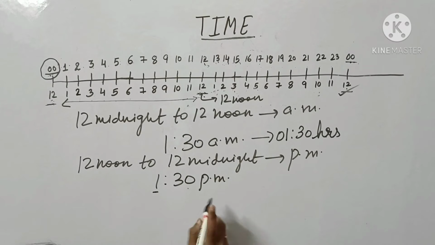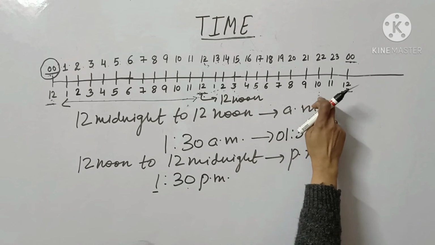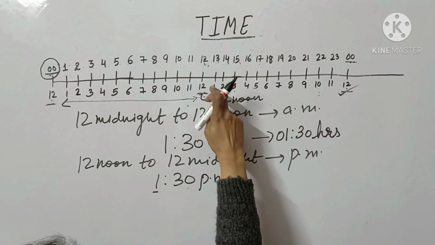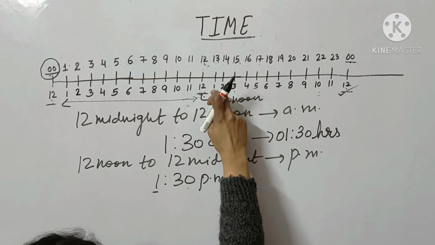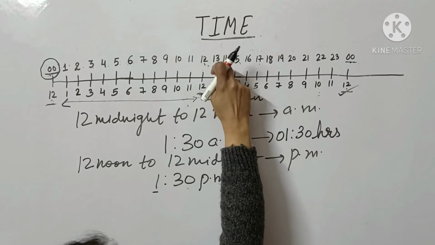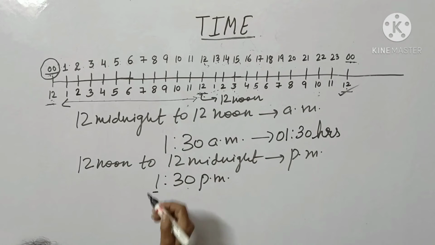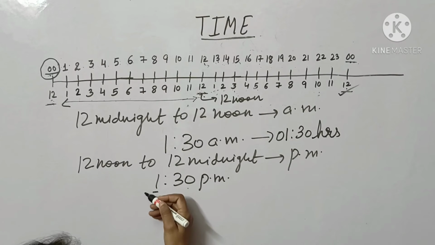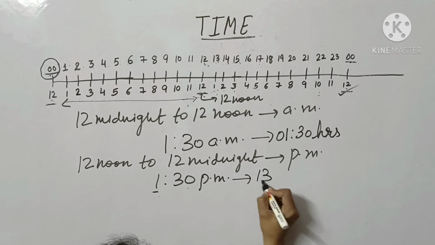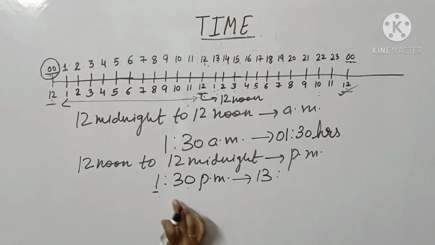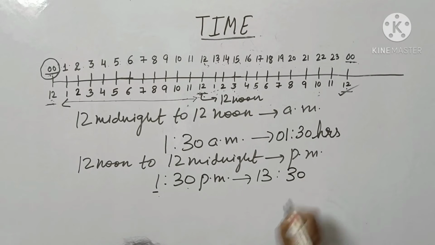Now I told you in PM there is a big difference. Yes, in PM when the hour hand is at 1 in 12-hour clock time, the time in 24-hour clock time will be 13. How do I get 13 from 1? When I add 12 to 1. So 12 plus 1, 13. Minutes I will not touch, I will write as it is. So 30 itself.